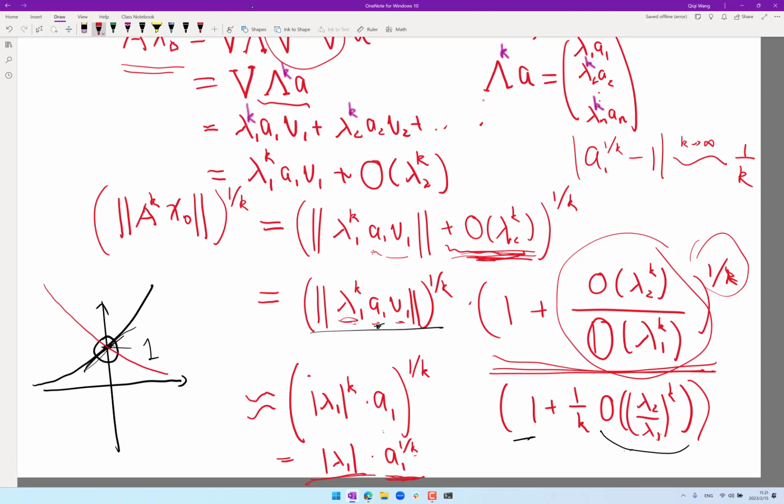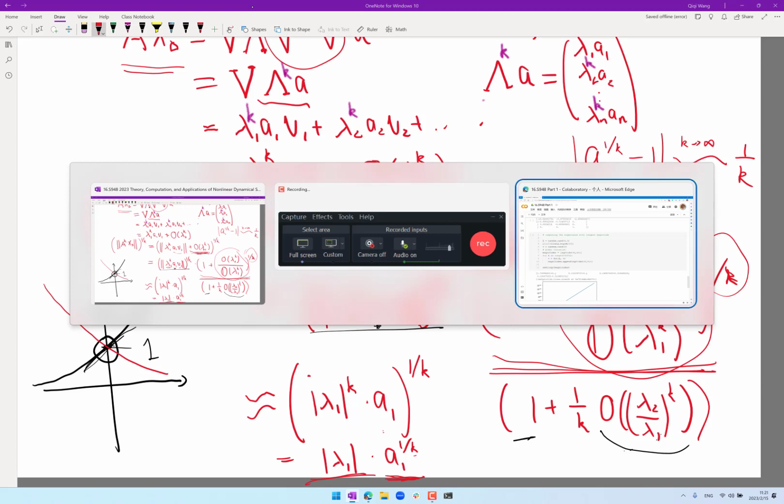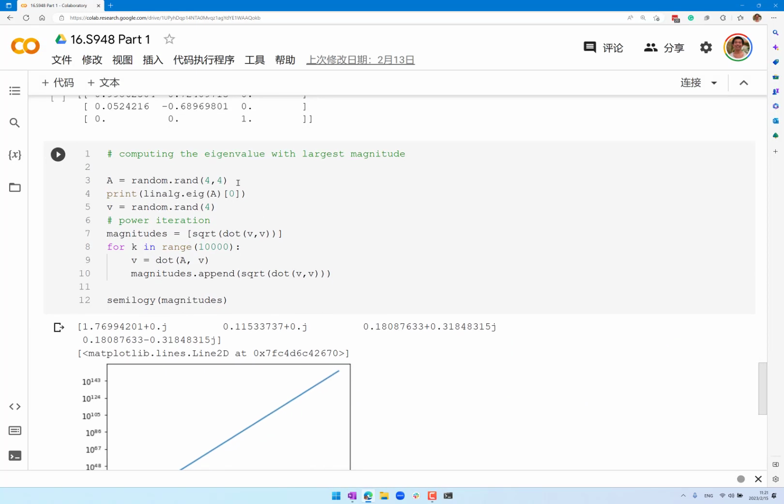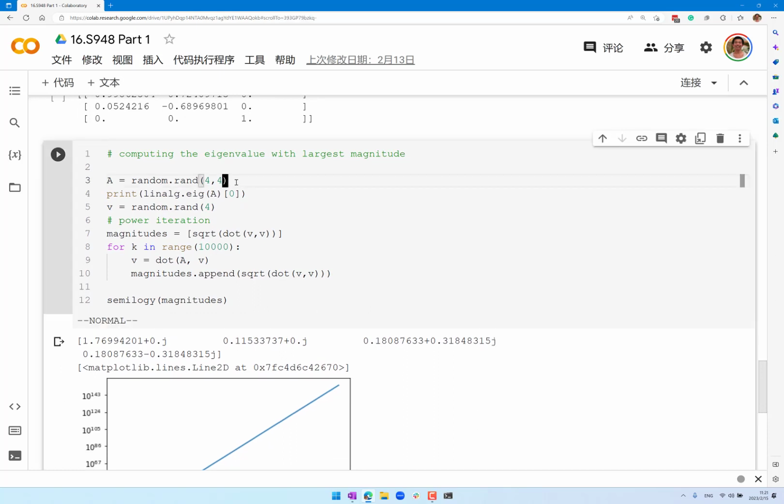Okay, so now let's go to Python and look at what we did last time. We randomized a matrix, and we first computed the truth. For a 4x4 matrix, there is no problem computing the eigenvalues. But the procedure we are designing is really for computing the eigenvalues of something much larger, where just calling linear algebra.eig doesn't really work.